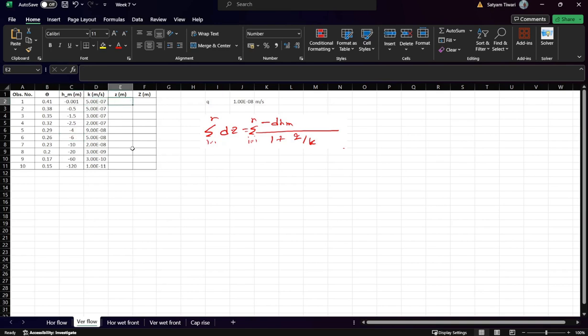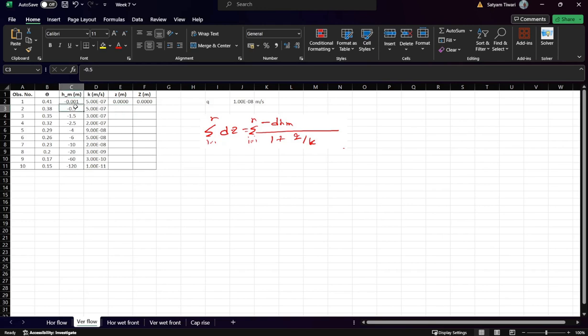And the values of z, we can write making use of this formula. Okay. So this minus is only for reference, so we can take positive in this case. And for z equal to 0, we'll just write 0 here and 0 here for the reference. And moving further to the second observation, we will obtain the change in the head.